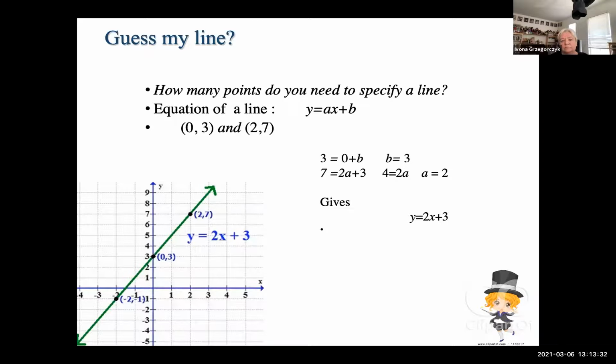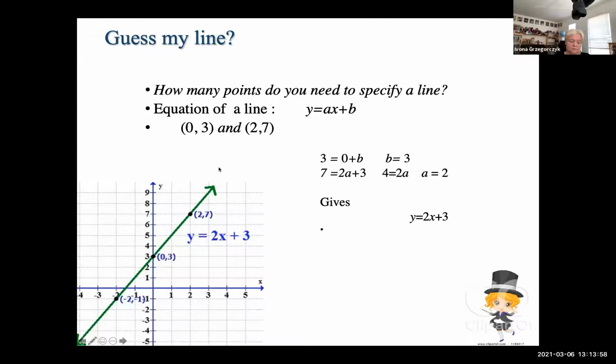At least 2, exactly 2, right? If I give 1, that's not enough, because then I have a lot of lines. Say I give you 2, 7, then I have a lot. If I give you 2 points, you can look at the equation and solve it and figure out exactly which line it is. It's y equals 2x plus 3 in this case.